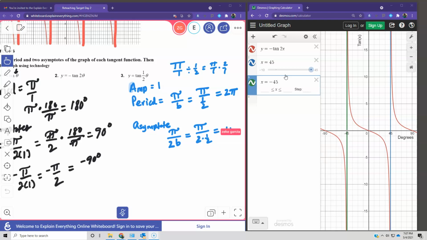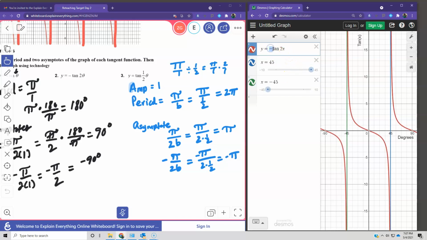So one of the asymptotes is pi. Remember, the next one is going to be negative. So it's negative pi times 2 times 1/2. So it's negative pi. So you're going to see here that the period is going to get longer.